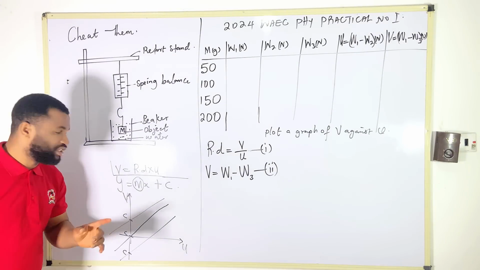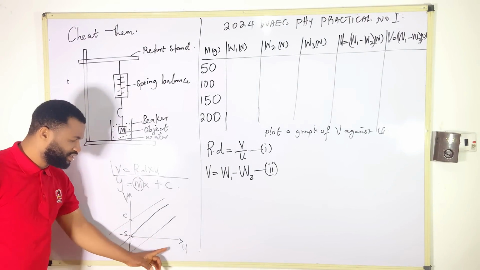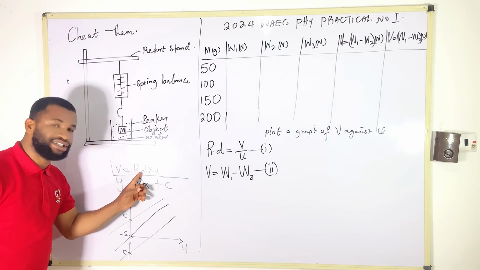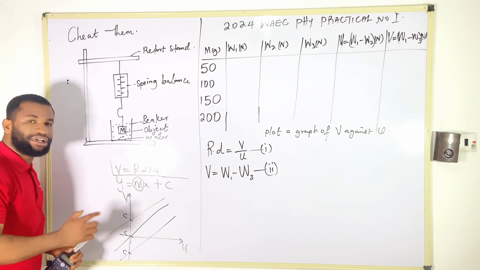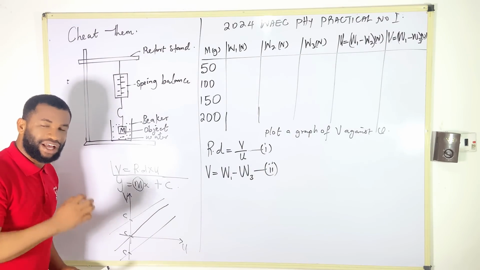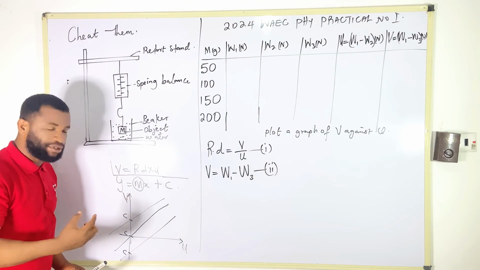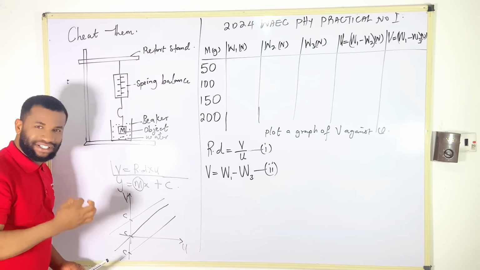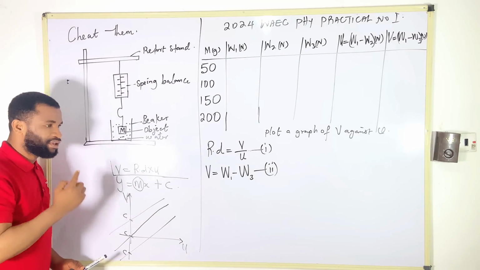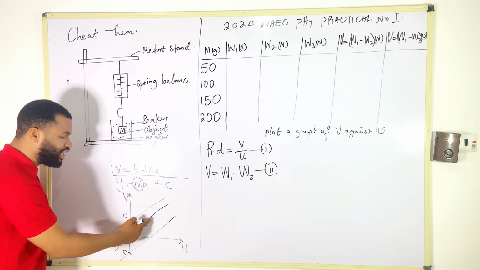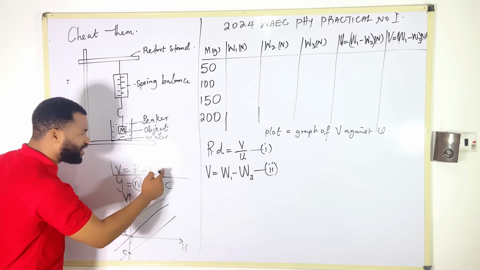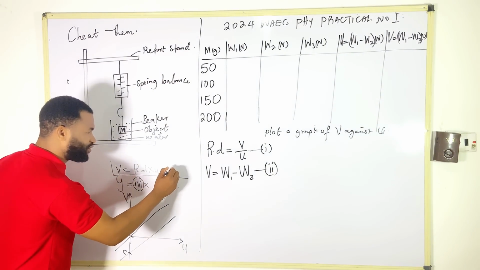So what is the coefficient of what is on the horizontal? It's relative density. That means our slope is going to be relative density. But where will our graph cut? Since there is nothing here, it's going to be plus 0.